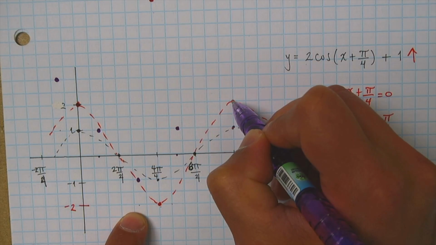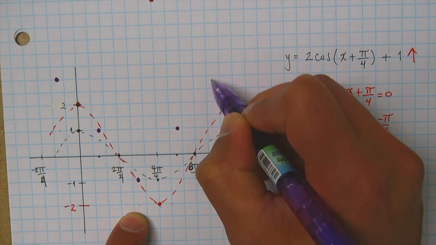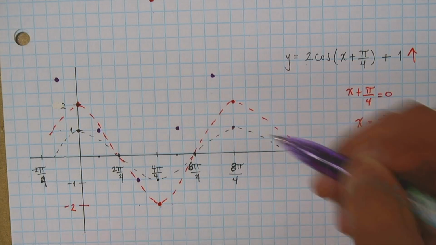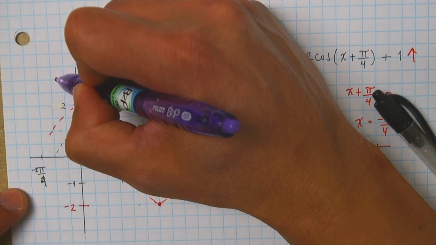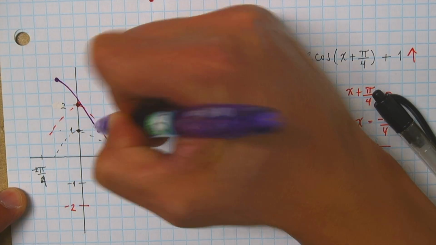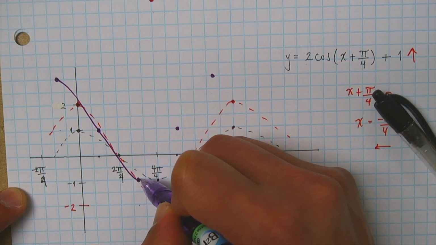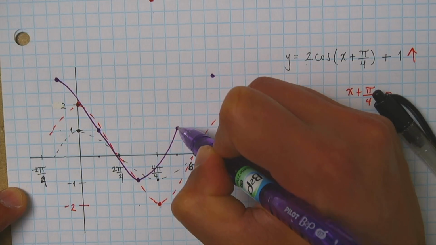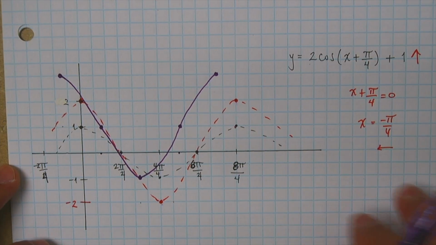Finally, this red one here, pi over 4 to the left, and up 1 unit. It's going to be right about there. Okay? And connect them here, and it's going to go up and there. Okay? And there it is.